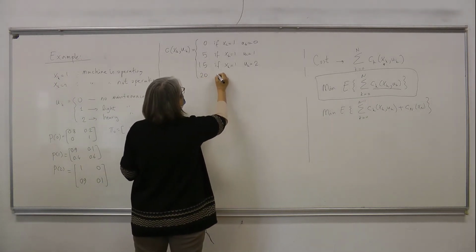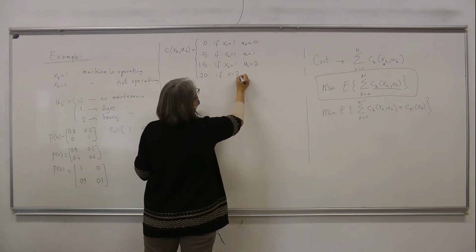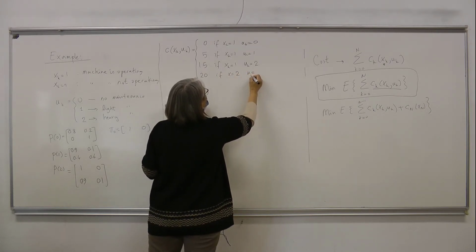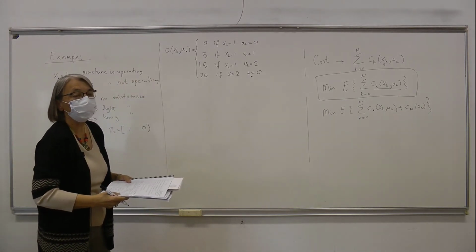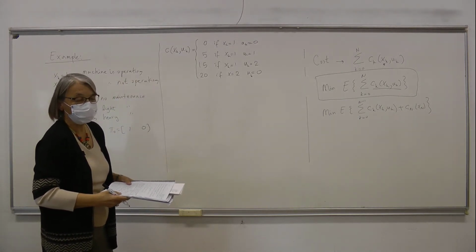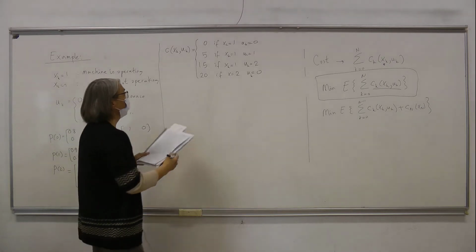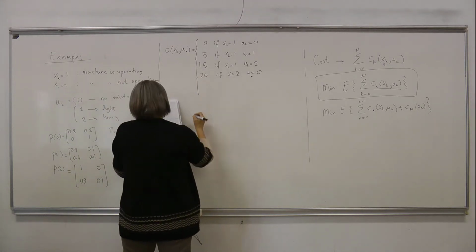And we continue in this way, so it is equal to 20 if x is equal to 2 and u is equal to 0. So if we cannot use the machine, then we have to pay something because we're not doing our job, and it's equal to 20. And it will continue in the same way.